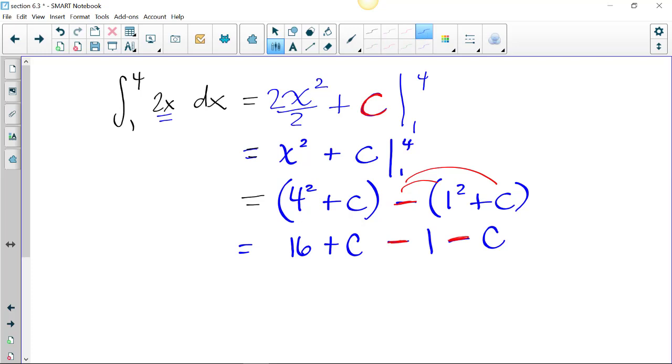I get 16 minus 1, which is 15. And I have a positive c and a negative c. Those will cancel out. So I am left with 15. That's the reason why we do not need the c when evaluating definite integrals, because they will cancel out.